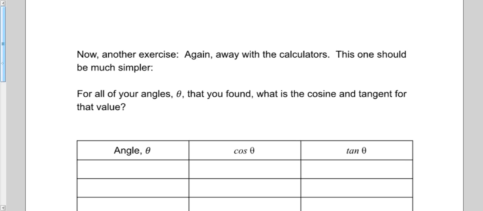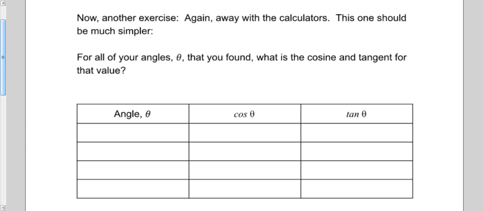So let's put those down on the next page. We're going to fill in my angles first, and then we're going to talk about what the sine, or the cosine and the tangent are. So we got pi over 6, 5 pi over 6, negative 11 pi over 6, and negative 7 pi over 6.